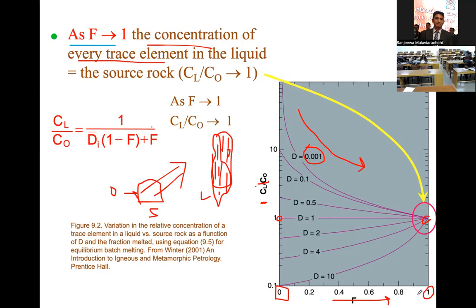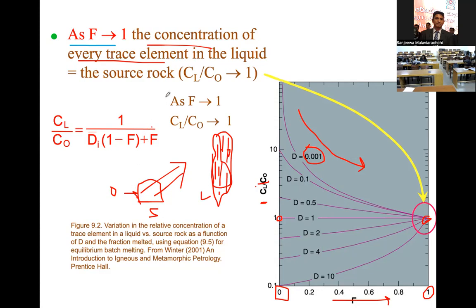So f is 100% or 10 or 1, whatever ratio you are going to take, it doesn't matter. Whether 100% or decimals, it will be entirely melted. So in that case, the final melt will have equal amounts of all these elements to their source amounts.